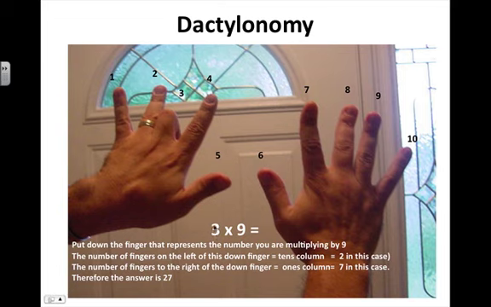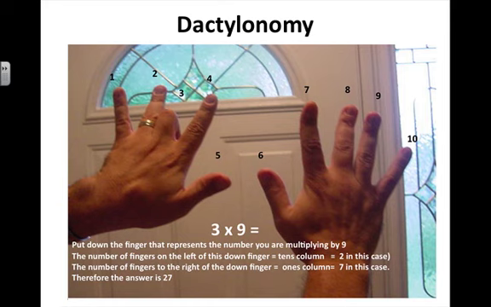In this example, we're going to say 3 times 9. So if you hold your hands up, similar to the hands here in the picture, and you count from left to right, 1, 2, 3, 4, all the way up to 10, and then whatever number we're multiplying by 9, let's say it's 3 in this case, you put that finger down. And then you count all the fingers to the left of that down finger.